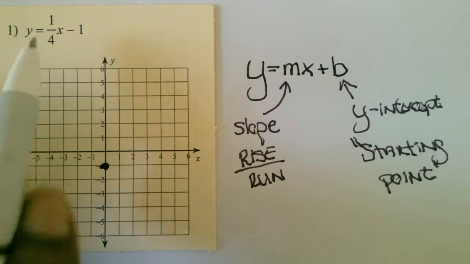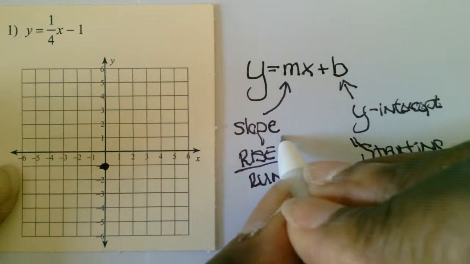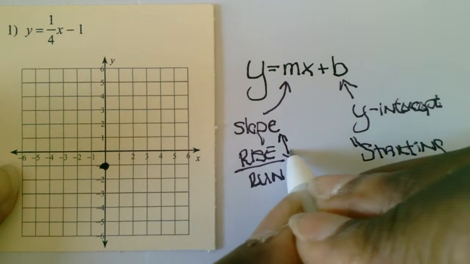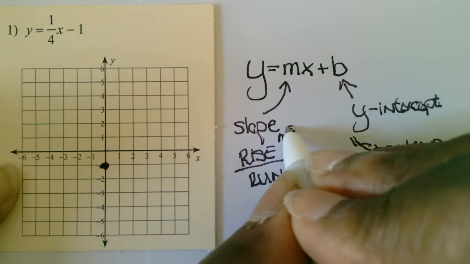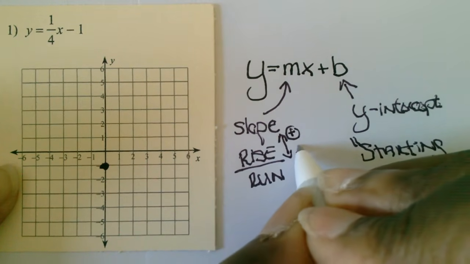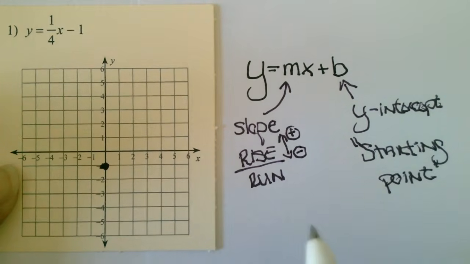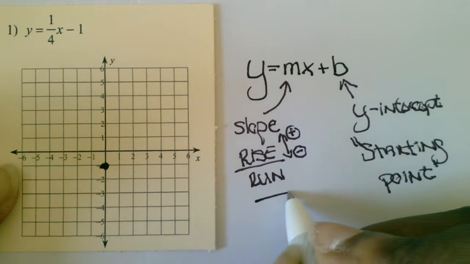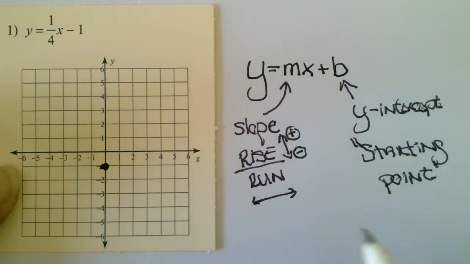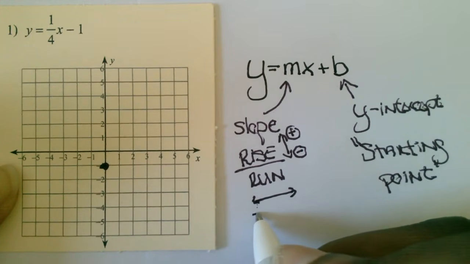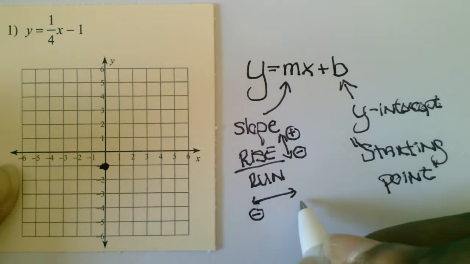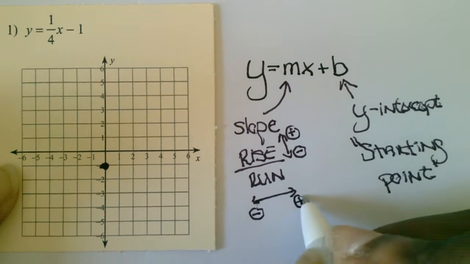So that means our rise, which either you're going up or down. If it's positive, you're going up. If it's negative, you're going down. And your run is from left to right. If it's going to the left, it'll be negative. If it's going to the right, it'll be positive.